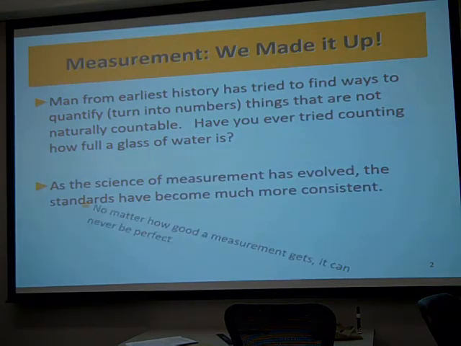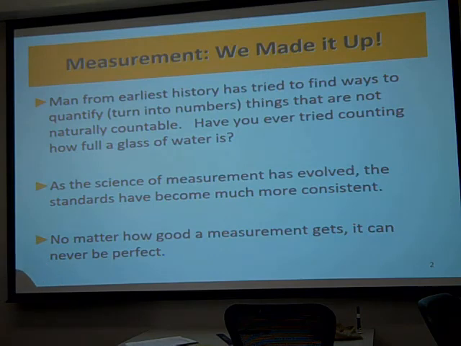A measurement can never be perfect because you're comparing it to a standard. And as hard as we try, standards are not going to be exactly alike, down to the last atom, right? I can't measure something down to the last atom as far as length, or volume, or temperature, or brightness.